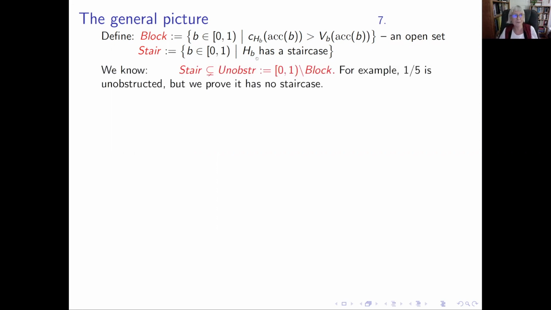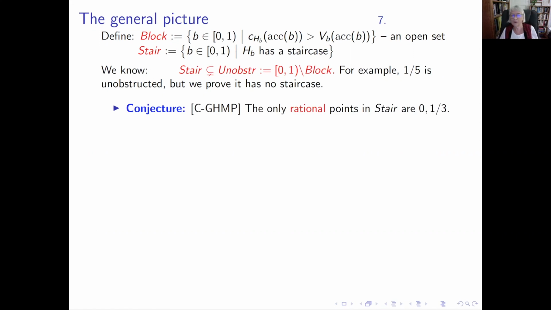We know that stair sits inside the complement of block, which we call unobstructed. Those are the ones where we have equality here. And we actually know that stair is not equal to unobstructed because we've got 1/5, which is unobstructed, but there's no staircase. Otherwise, there's probably quite a lot of difference between these sets, but there are many questions we haven't looked at.